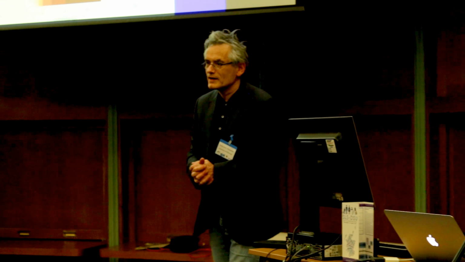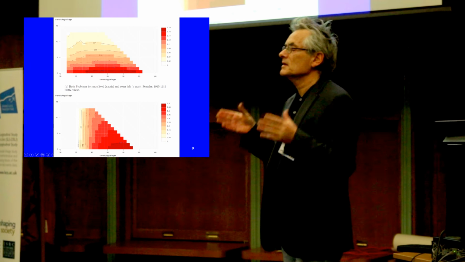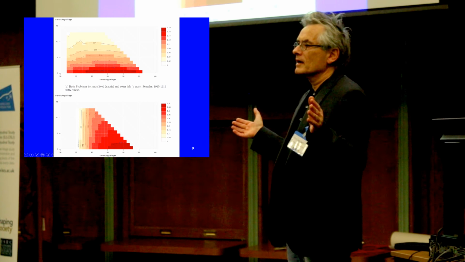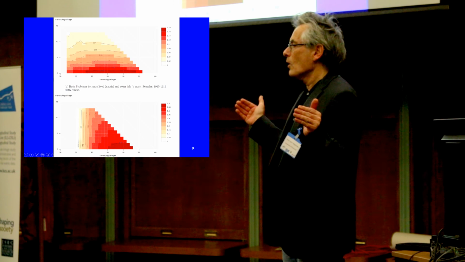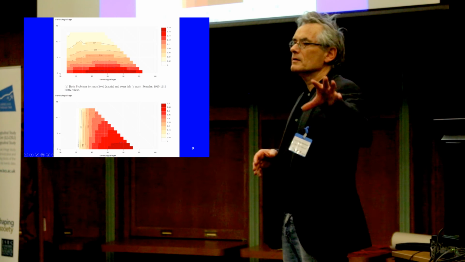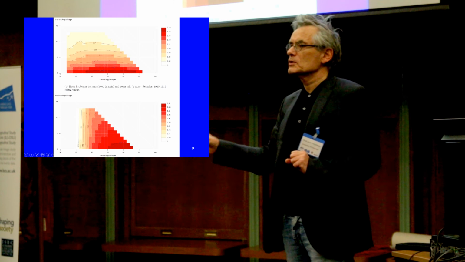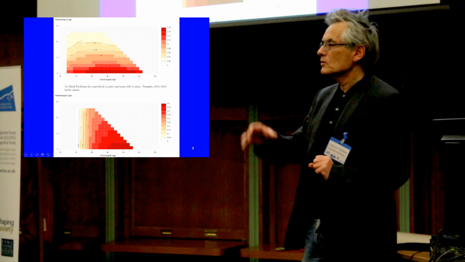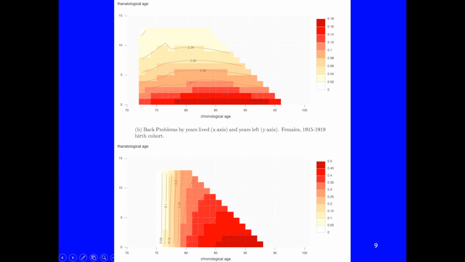Here's two fairly incomprehensible graphics from a study we did of the US Health and Retirement Study. The nice thing about that is it's a population-based sample of older people both in private households and in institutional households, so that we don't have the bias imposed by normal household-based surveys. And it has a very good mortality follow-up.